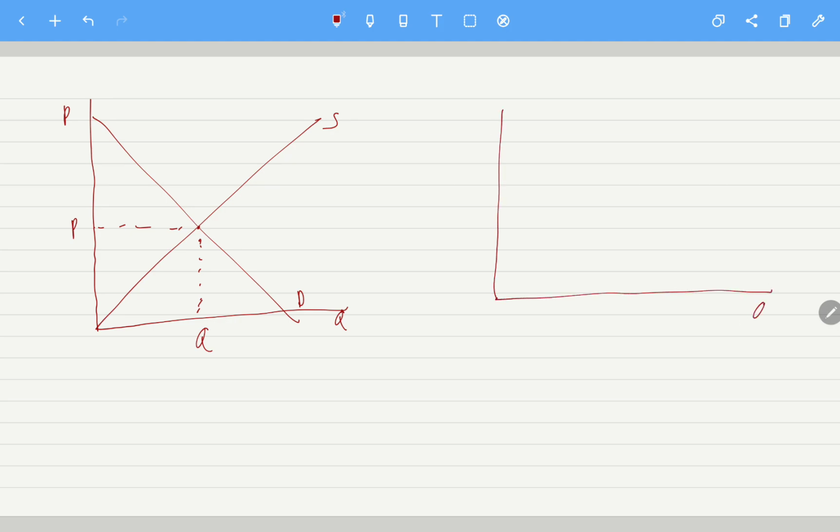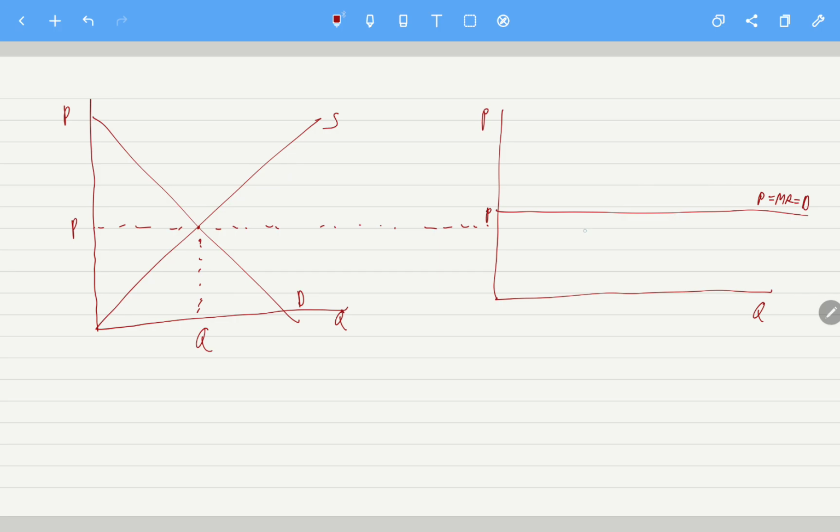We got the quantity, we got the price, and then we drag this line over here and we see the price. And then here we mark it as P equals MR equals D, because the price equals the marginal revenue equaling the demand.